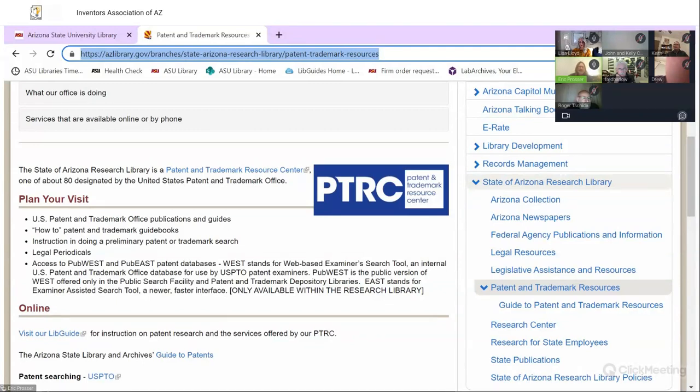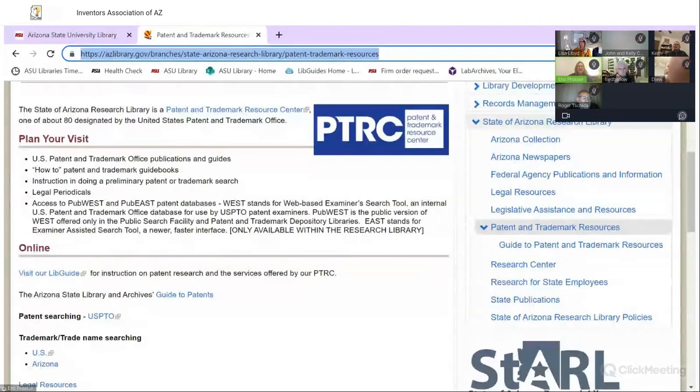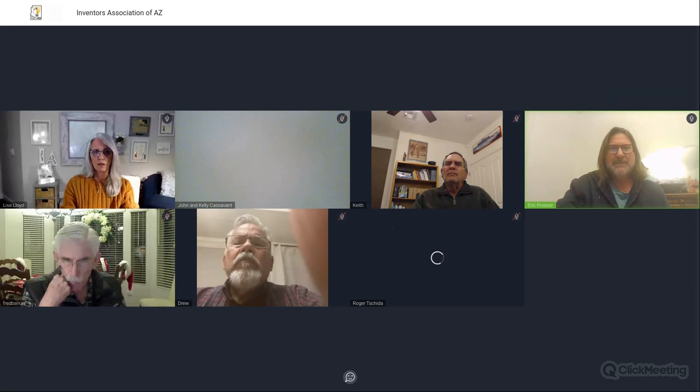This is a lovely service that they offer. The great thing is it's free. You don't have to pay anything for it. You just have to make sure that you can make the time with the state librarians there to talk about it. So I just wanted to make sure that you were aware of that service.